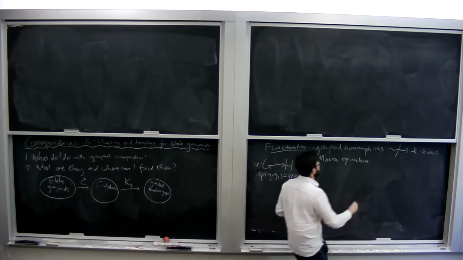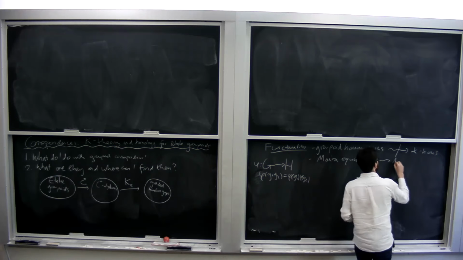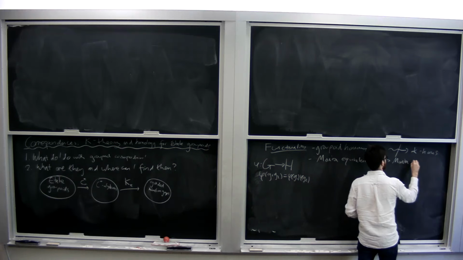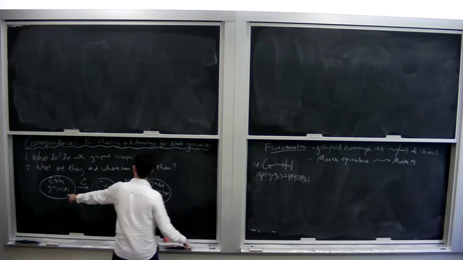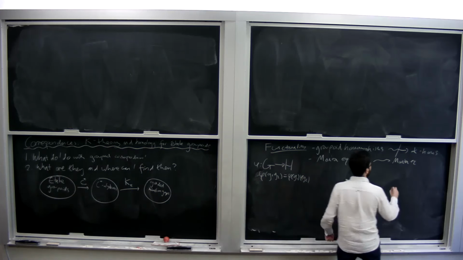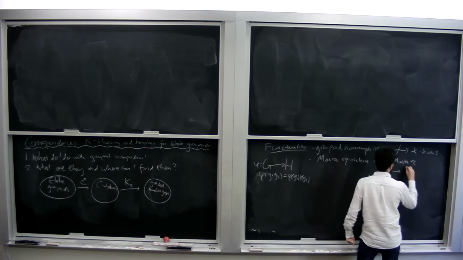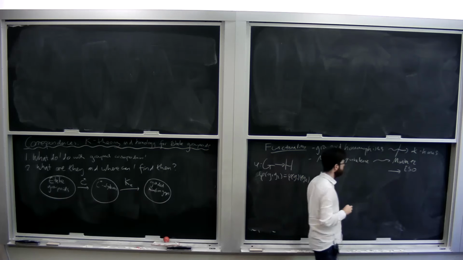But this is great because, thanks to Renault and Muhly and Williams, we get a Morita equivalence of C-star algebras. So if we follow this diagram here, Morita equivalence of groupoids gives us Morita equivalence of C-star algebras. And this is going to give us an isomorphism of abelian groups.